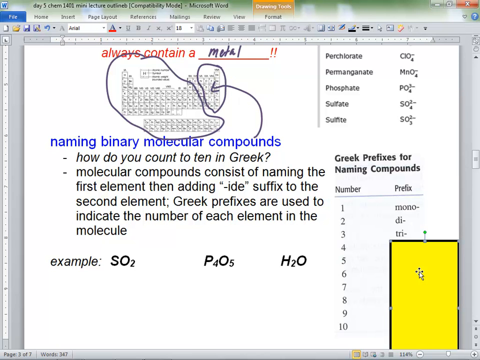So there's the T. Tetra. Okay, now 5, that gon. Pentagon. 6. Someone said hexa. Hexa. 7.